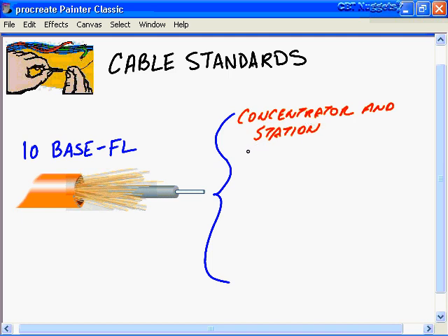So 10BASE-FL is an 802.3 standard that basically functions over fiber optic cable, and I'll go ahead and spell it E-R, even though you'll see it spelled F-I-B-R-E, kind of the British method, or Brett Favre, the football player, never have understood how to pronounce his name. And it operates, of course, with the 10 here, at 10 megabits per second over fiber optic cable.